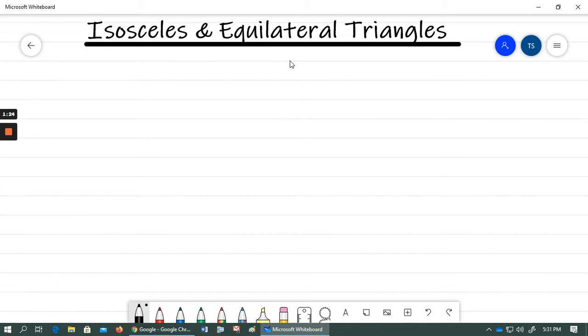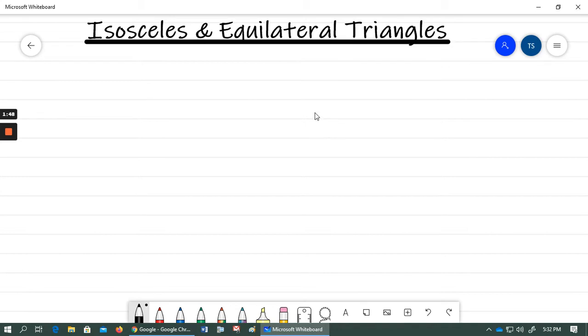So, folks, when we talk about isosceles and equilateral triangles, these particular names are types of names that we give to triangles based on classifying triangles by their sides, or classifying triangles by their side lengths.